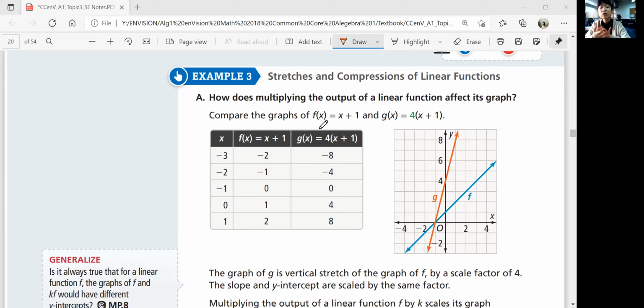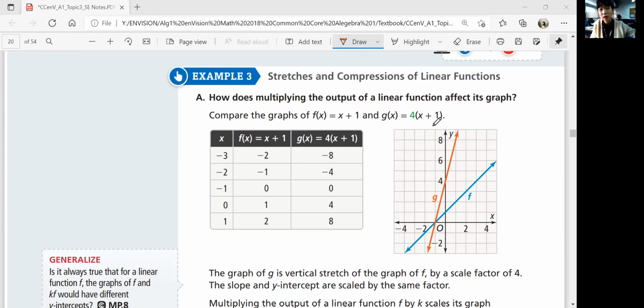It's called the stretch, and it's a vertical stretch. It's either a stretch or a compression. This is a dilation if you multiply, but you need to know if it's a stretch or a compression.